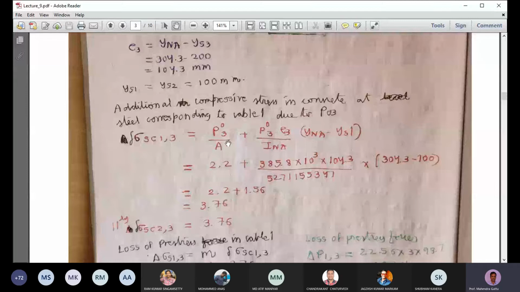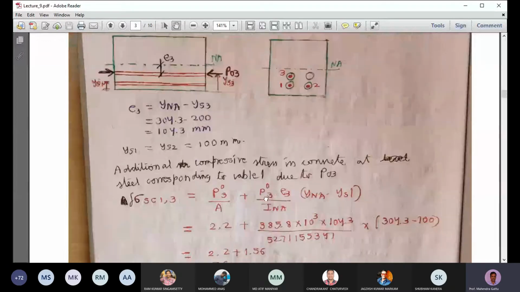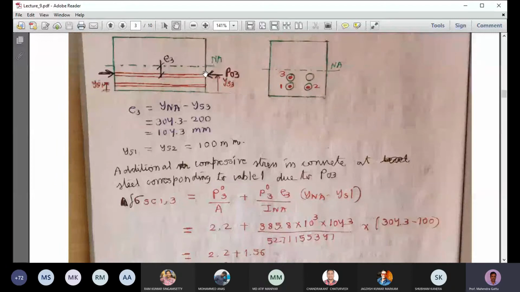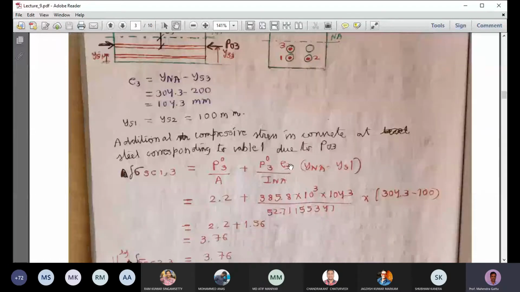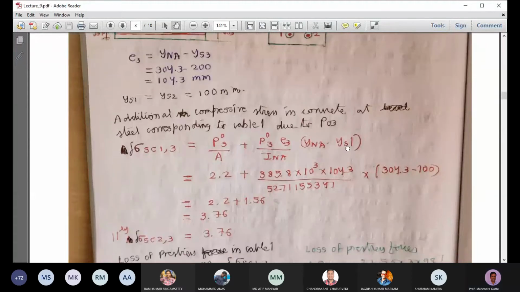So that will be P03 by A plus P03 M y by I. Here M is P03 into this lever arm, which is E3. And we have Y neutral axis minus YS1, that is the distance of steel fiber 1 from the neutral axis. So that is YNA minus YS1.